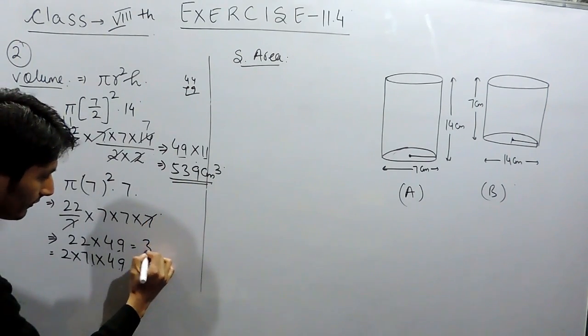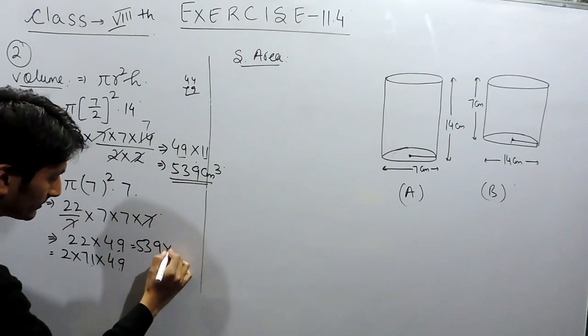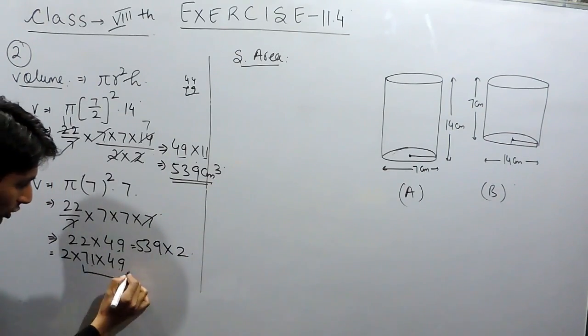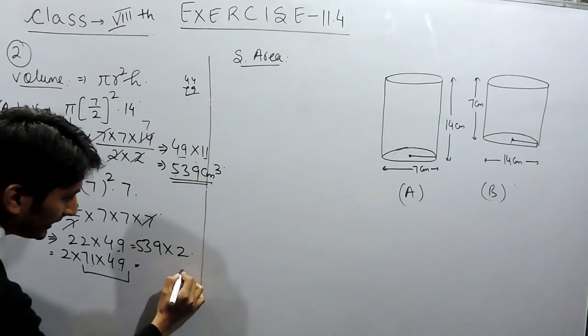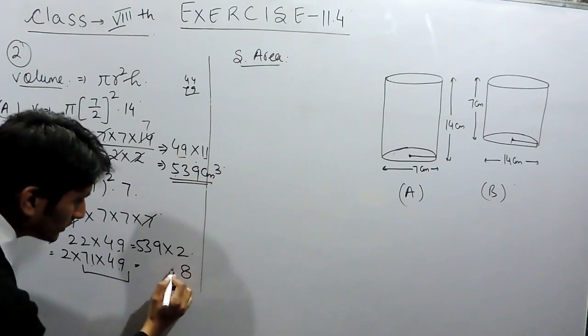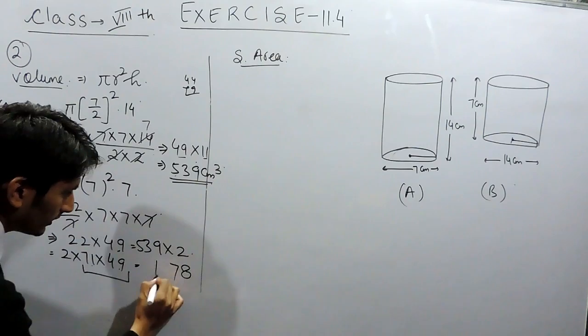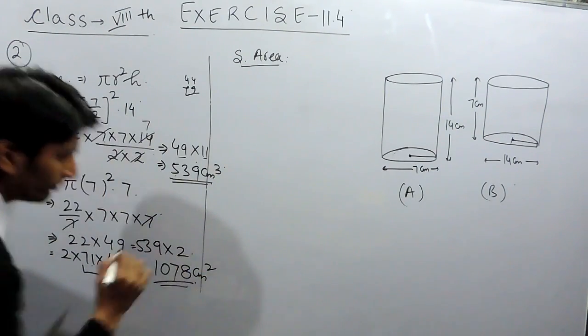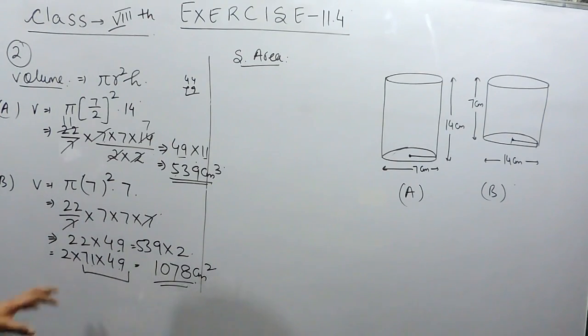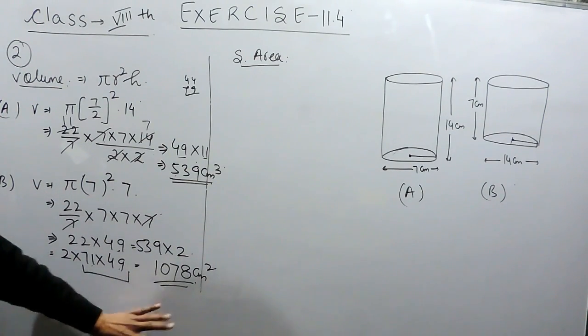So here it will be 539 multiplied by 2. The multiplication of 11 and 49 is 539. So this will be 9 2s are 18, carry 1, 7. So here the volume of this second cylinder will be equals to 1078. So here the answer is correct.